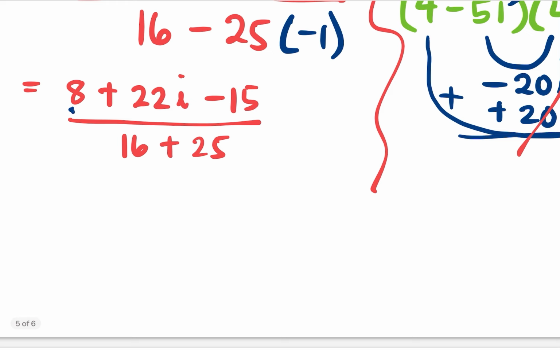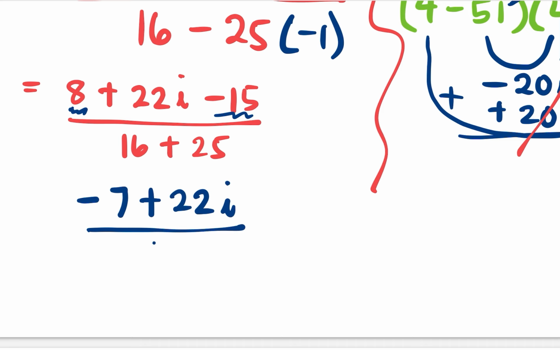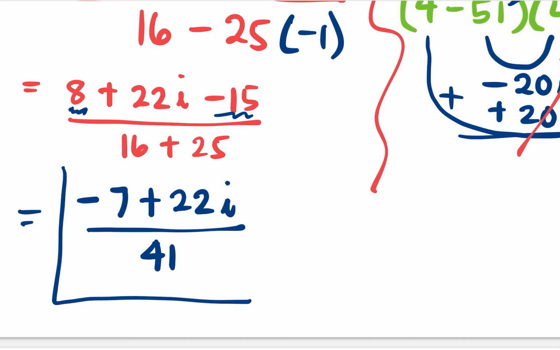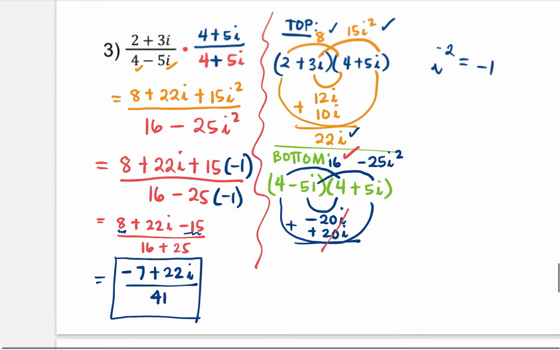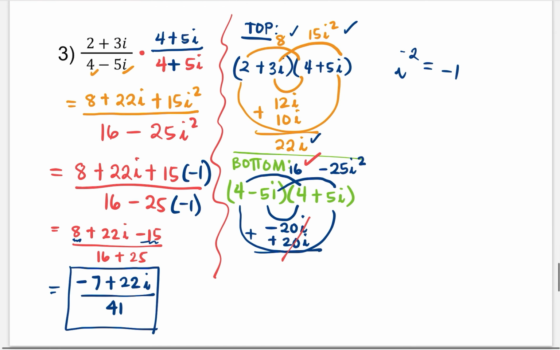We can combine the 8 and negative 15, and that is equal to negative 7. We keep 22i, and the denominator is equal to 41. There is nothing more that we can simplify at this time, and therefore we found the final answer. So let's take a look at the work that we have so far.